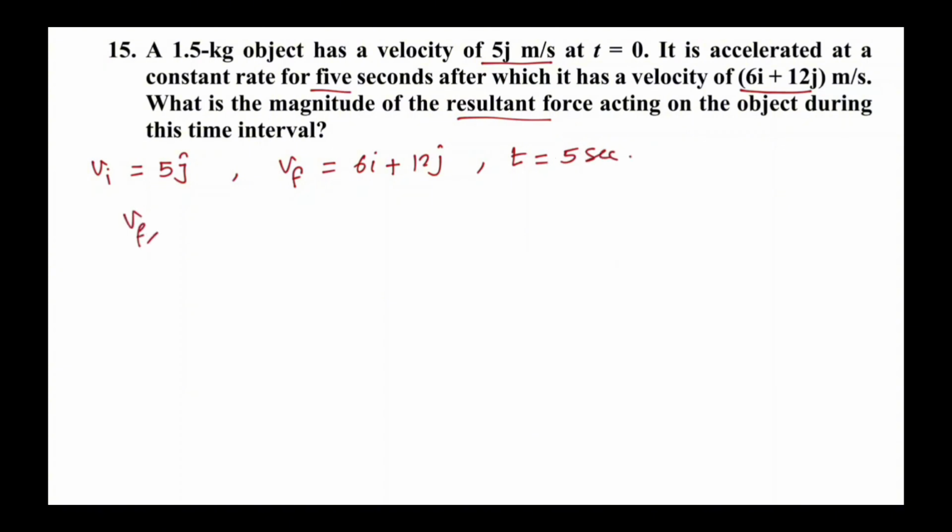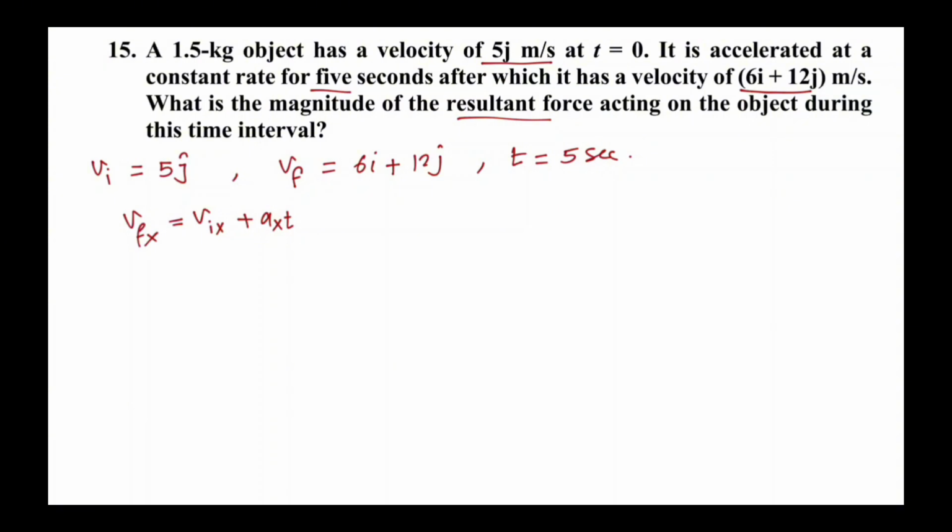V final x, use the equations of motion, equal to V initial x plus axt. We would like to calculate actually ax and ay. Once we calculate ax and ay, we can calculate the force using Newton's second law.